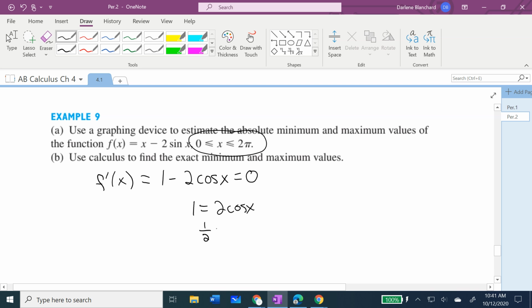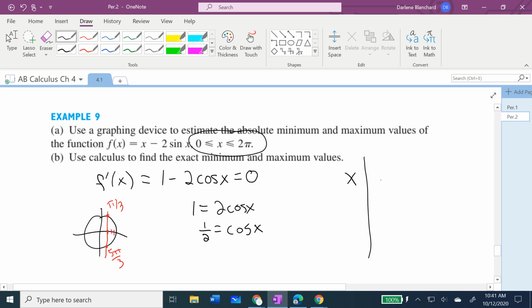So we are looking at what are the angle numbers that make cosine equal to 1/2. Cosine equal to 1/2 is the first x coordinate to the right of the y-axis. And that is where our angles pi over 3 and 5 pi over 3 land.